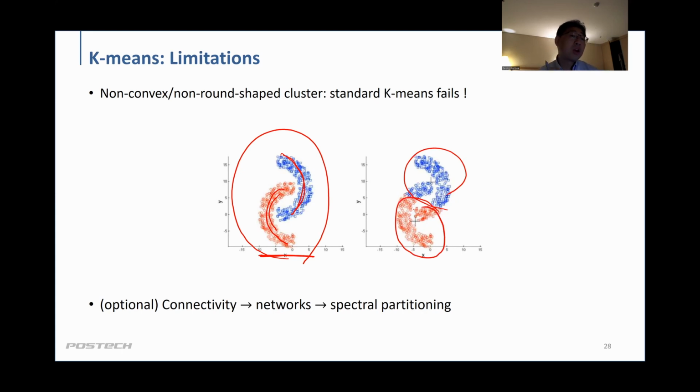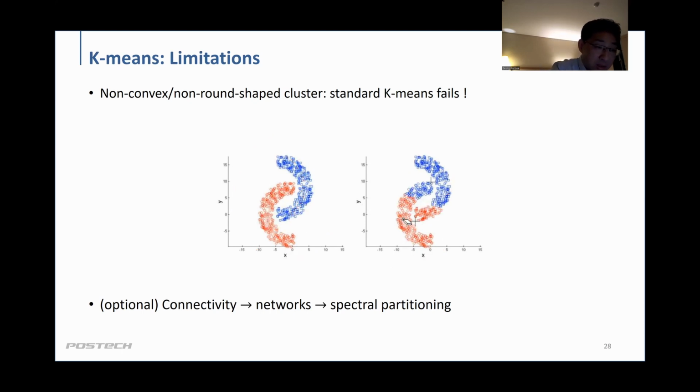Why? Because think about the definition of similarity: you use the Euclidean distance. That's why it works for rounded shapes or convex ones. As you can see, these data points are much closer, while those are far away. But we know that it looks like these are connected, and these are connected.